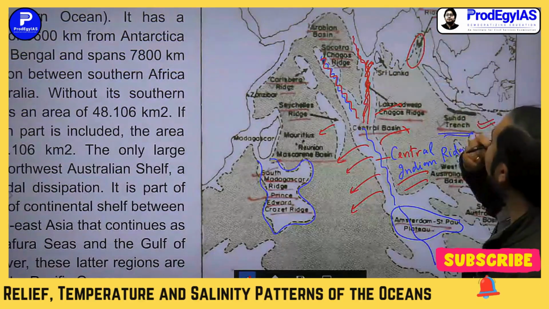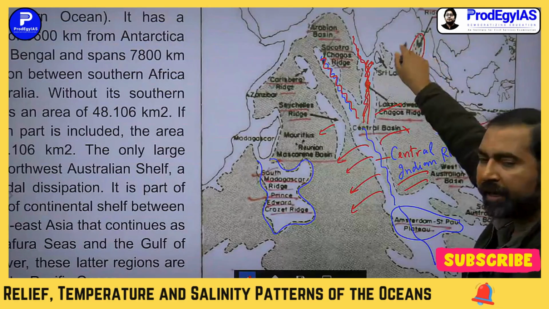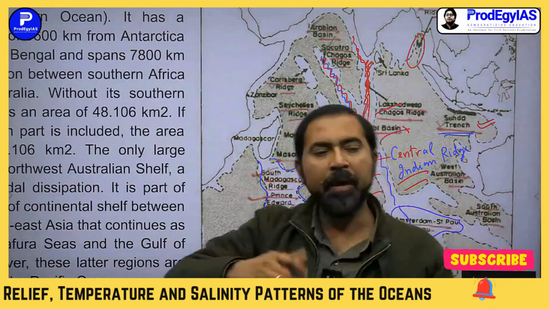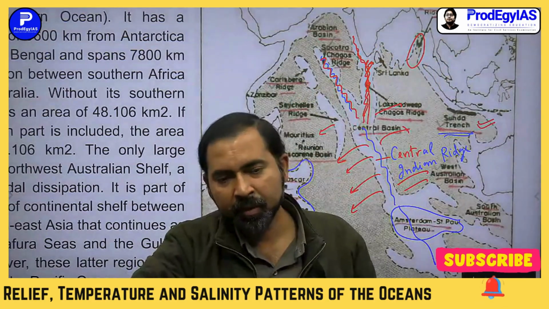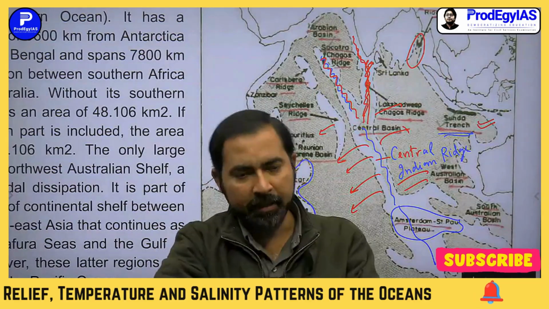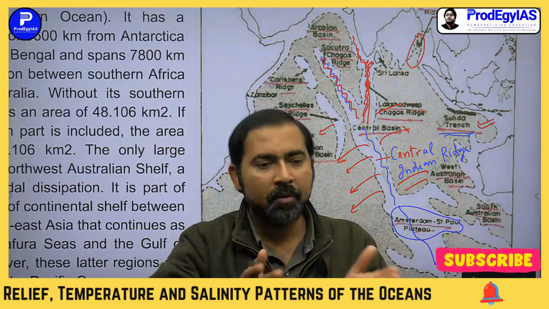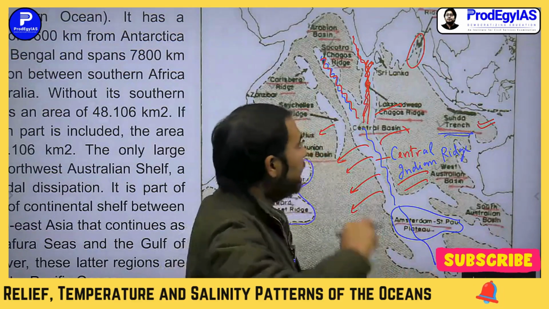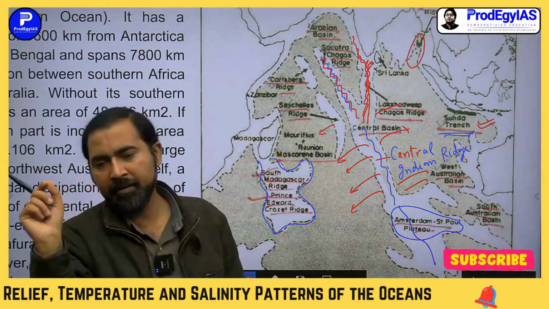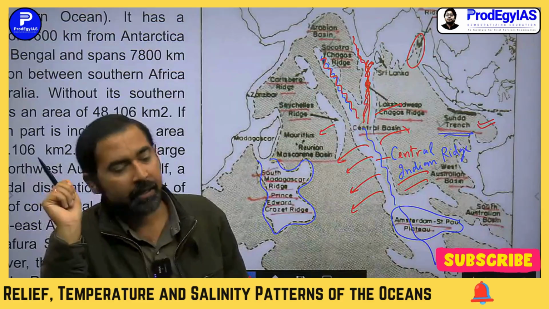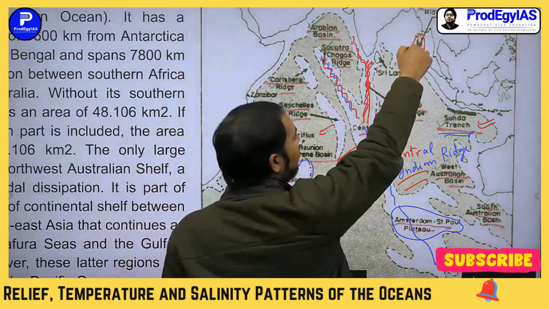That is why there is continuous volcanic activity here in the Barren Island area. Means islands will always be there because new magma will always be coming out. Okay, if it were intraplate volcanism like Hawaii, they are actually not part of the ridge system.